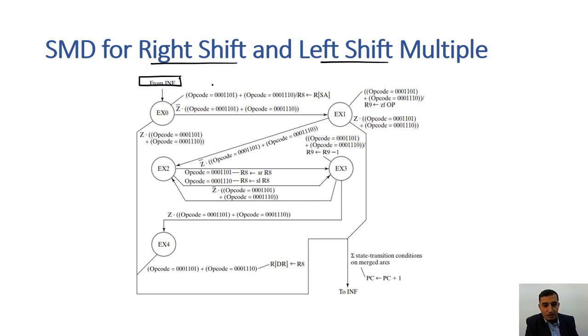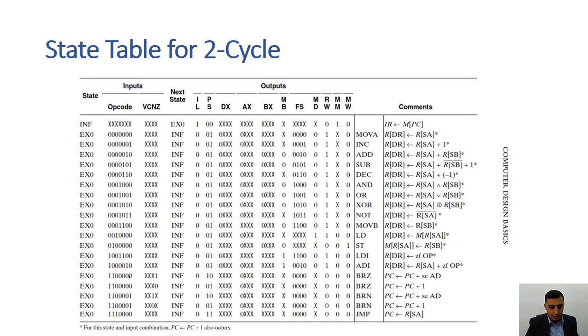Once we fetch the instruction, we get that the instruction has the opcode of this value, 0001101, which is the shift left instruction and shift right instruction.